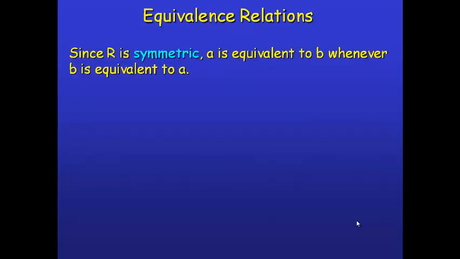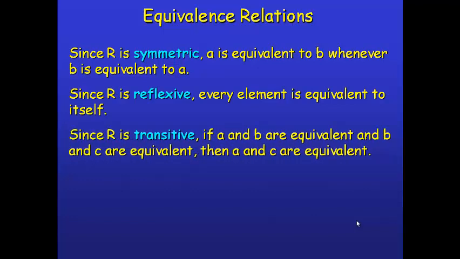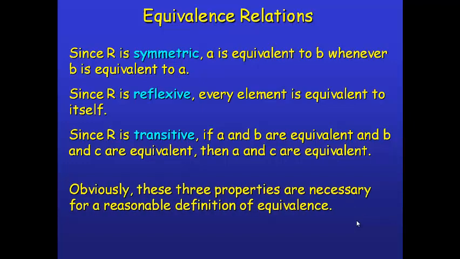Since R is symmetric, a is equivalent to b whenever b is equivalent to a. Since R is reflexive, every element is equivalent to itself. Since R is transitive, if a and b are equivalent and b and c are equivalent, then a and c are equivalent.